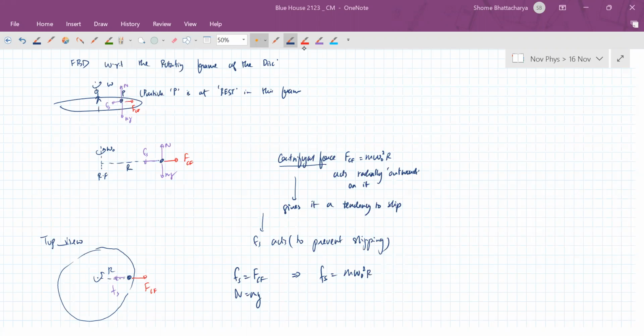The tendency of slipping is coming because of the centrifugal force when we look at it in the non-inertial frame, or in the rotating frame. Yes, sir.